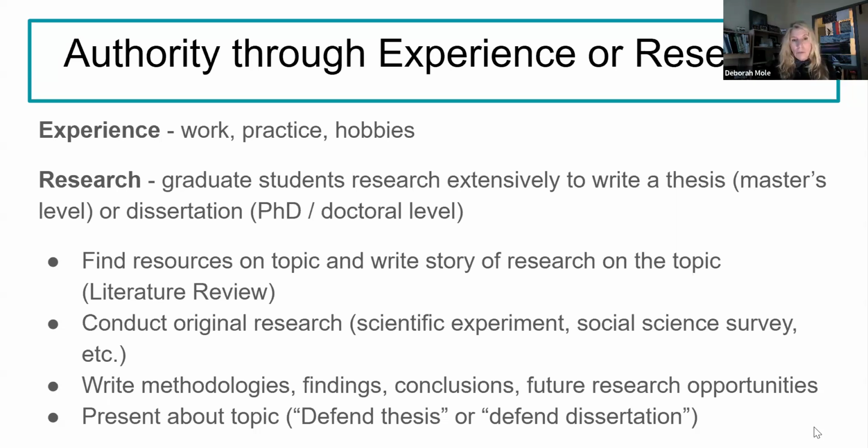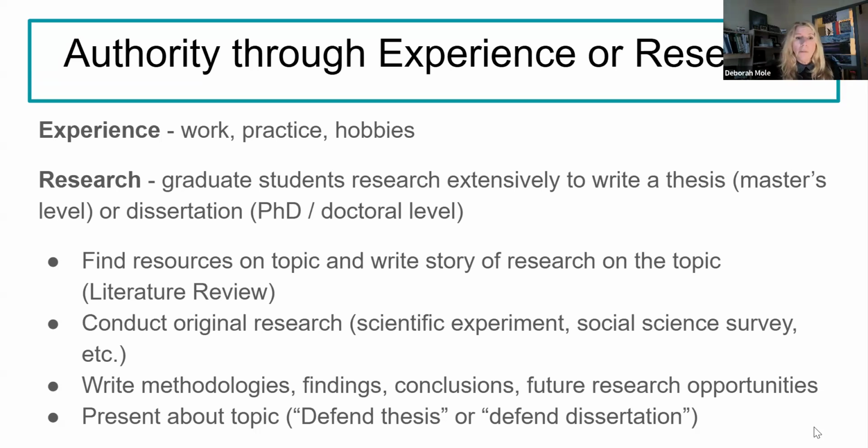Then they conduct original research. So if it's a scientific field, they may be out studying streams. If they're in the social sciences or political sciences, they could be surveying students about how they feel about homelessness in their area.